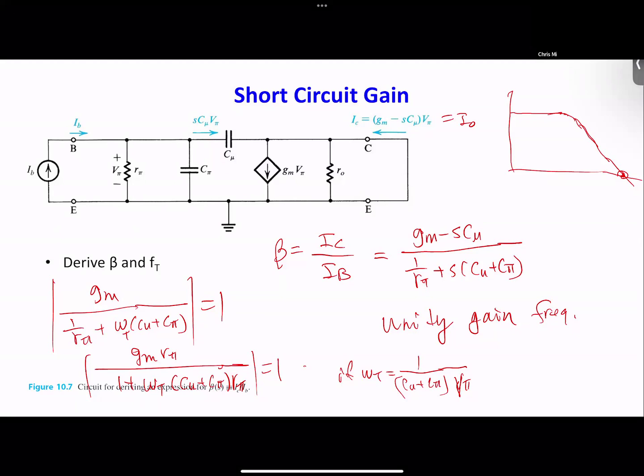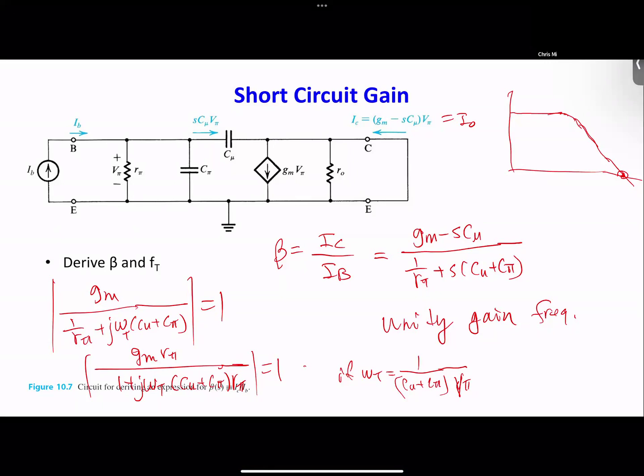So this term becomes 1. So this becomes 1 plus 1. And GM R pi, of course, there's j omega. So basically we have to put this j omega. So this is going to be like a complex number. So the absolute value or magnitude becomes 1 over 1 plus j1, so it's square root of 2.